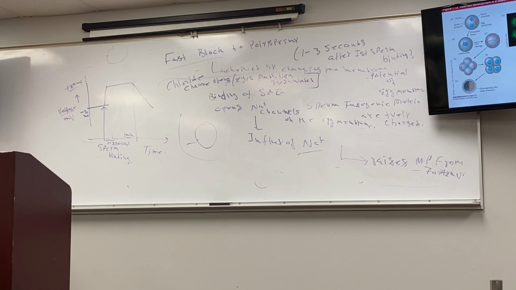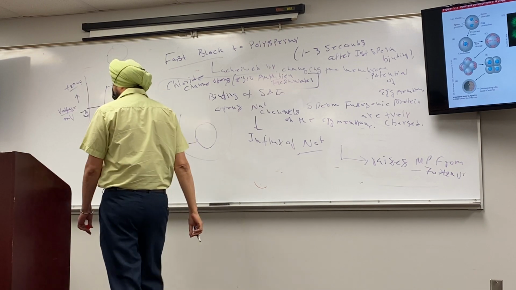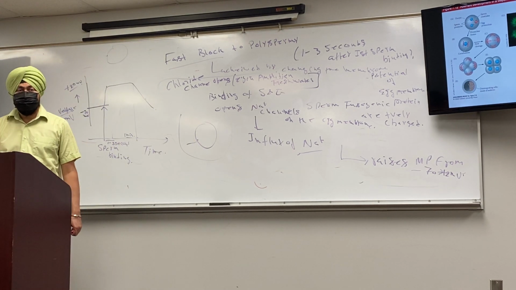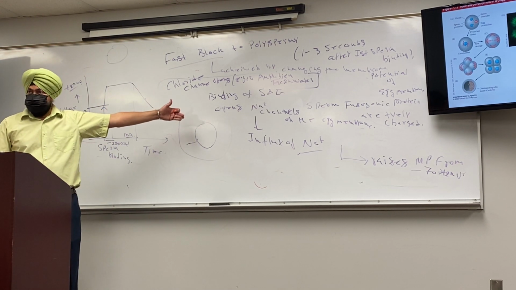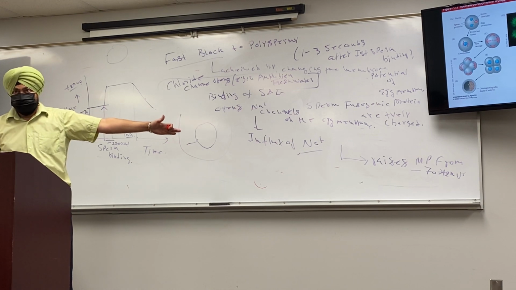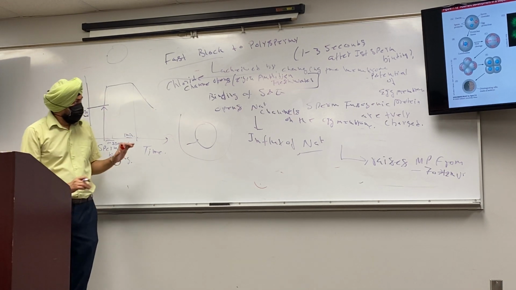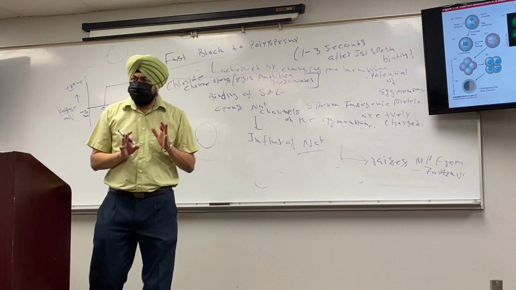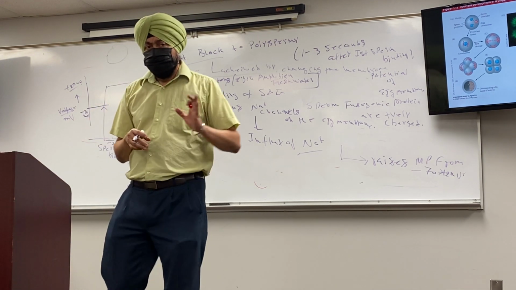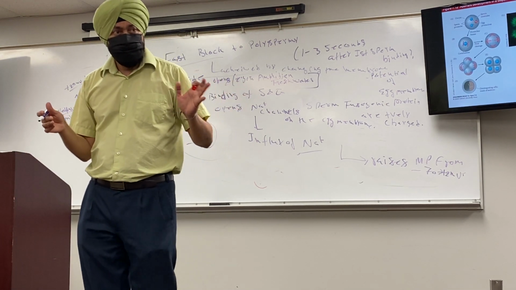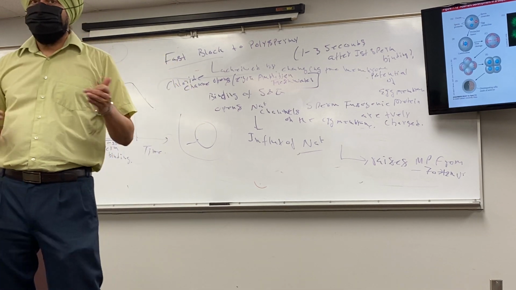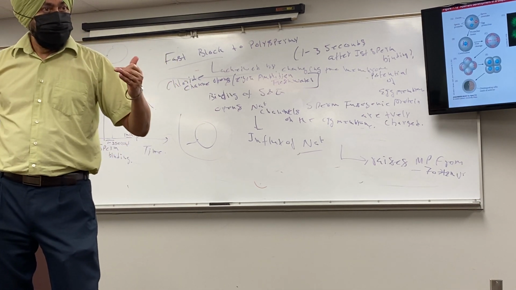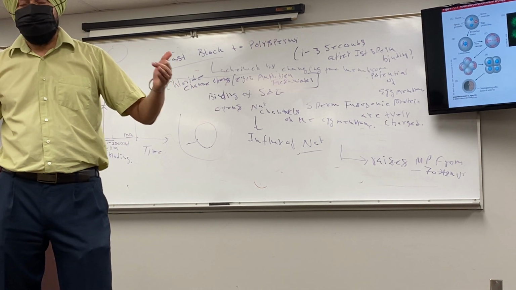So chloride starts going out and it becomes more positive, and that is again called the fast block to polyspermy. Now, this fast block to polyspermy is a critical step, but it's only for a minute. A minute is good enough, but not good enough.